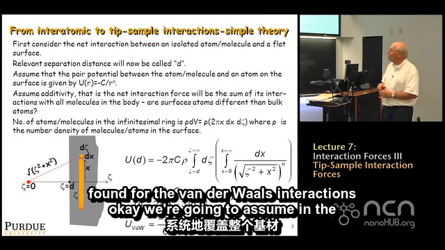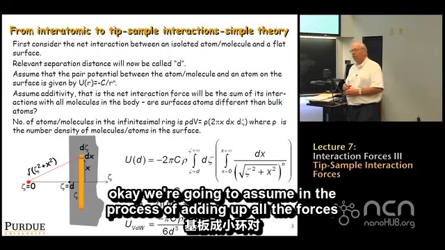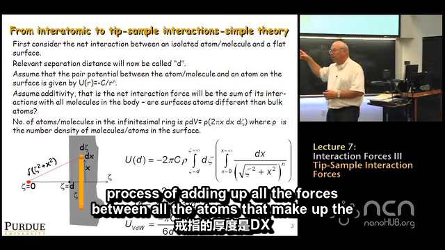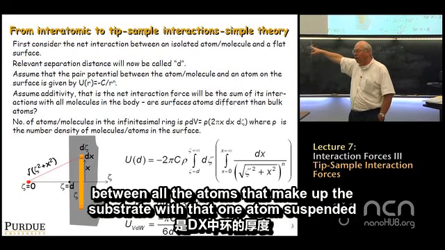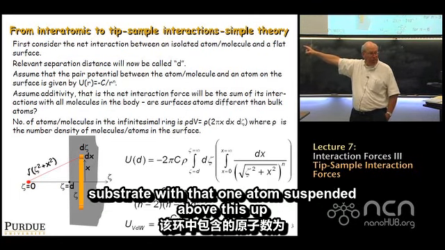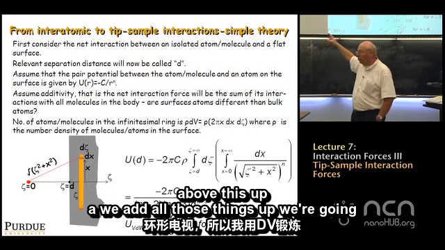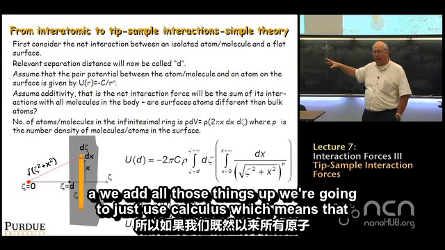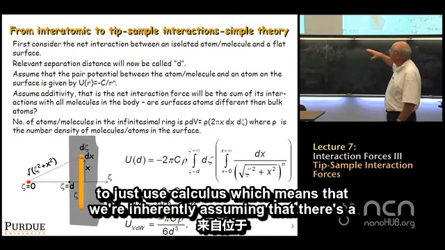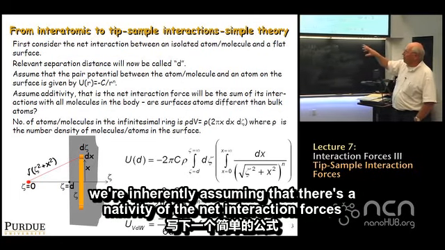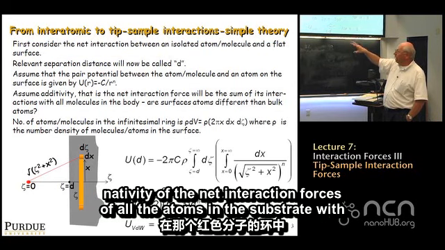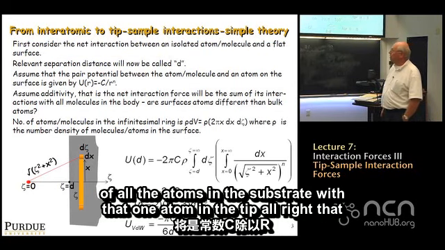We're going to assume, in the process of adding up all the forces between all the atoms that make up the substrate and that one atom suspended above the substrate, that we can just use calculus, which means that we're inherently assuming there's an additivity of the net interaction forces of all the atoms in the substrate with that one atom in the tip, right?